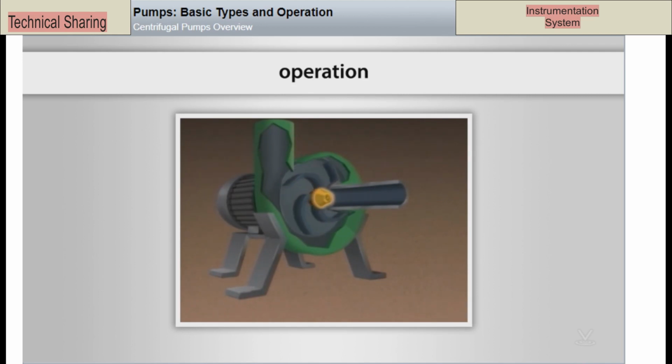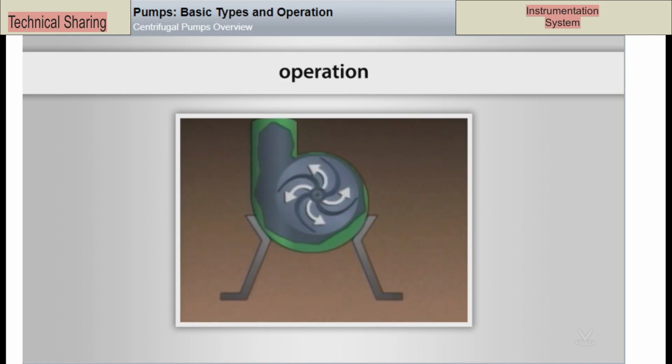This area of lower pressure draws more liquid into the pump and provides a constant flow of liquid. Second, it causes the liquid to gain speed. This happens because the liquid is forced to the outside of the impeller. The outside edge of the impeller rotates faster since it covers a greater distance than the center. Since the liquid is forced to the outside edge, it is forced to keep up with the rotating impeller.